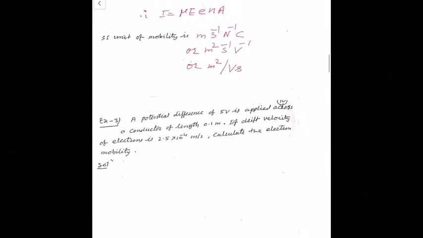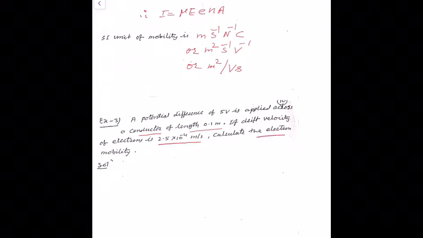Example third: a potential difference of 5 volt is applied across a conductor of length 0.1 meter. If the drift velocity of the electron is 2.5 into 10 to the power minus 4 meter per second, then calculate the electron mobility.